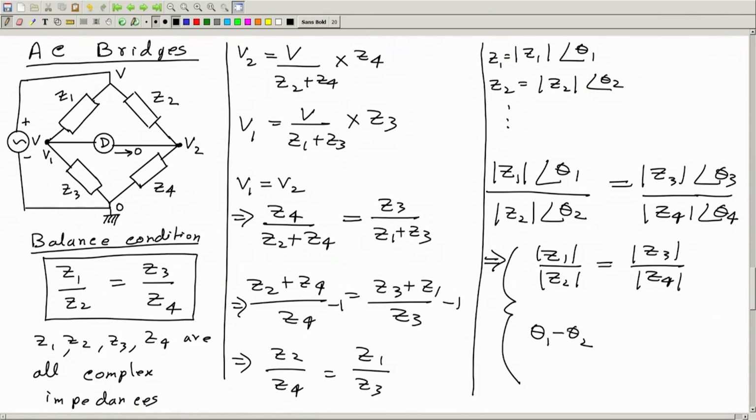So, the angle will be theta 1 minus theta 2. This will be the same as theta 3 minus theta 4, or you can write this equivalently as theta 1 plus theta 4 is the same as theta 3 plus theta 2.